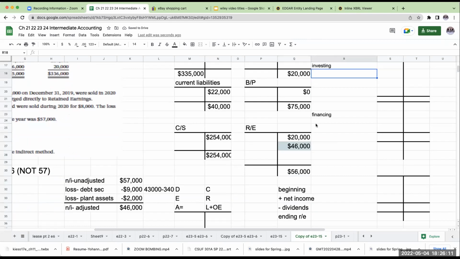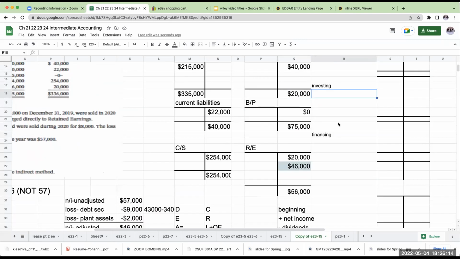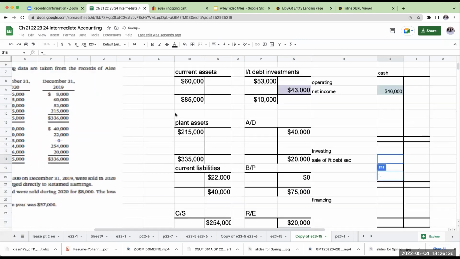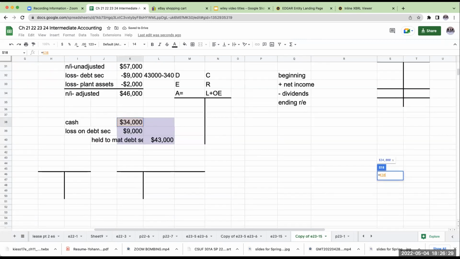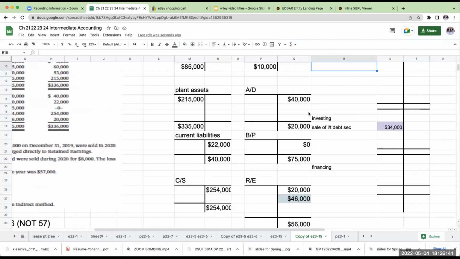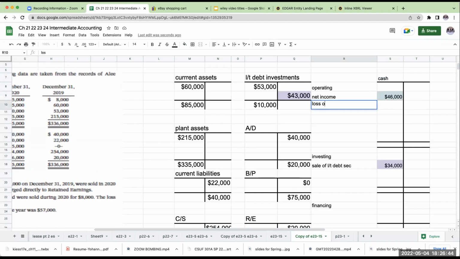The cash that I receive from the sale of long-term debt securities is going to be 34,000. That is going to go into the investing section. Now, in terms of the loss, where does the loss go? This is going to go in the operating section. So loss on sale of long-term debt securities.